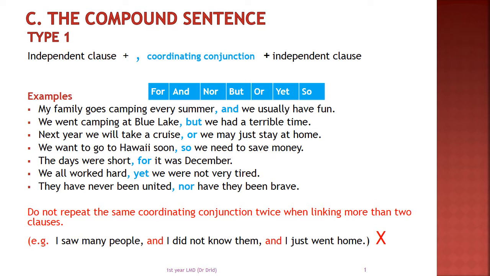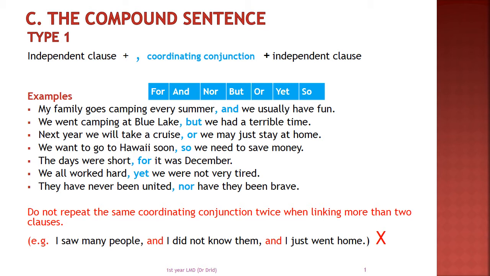You say, for example, I took the first bus, but I came late to class. I took the first bus, this is what is said first, but I came late to class. I came late to class is unexpected in relation to what was said before. This meaning is concession. This is the meaning of but.